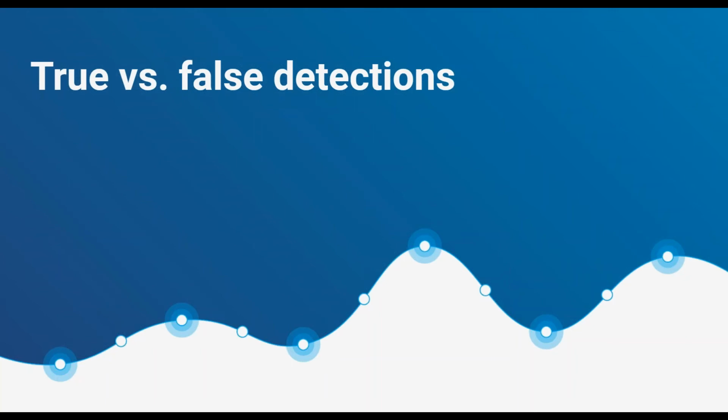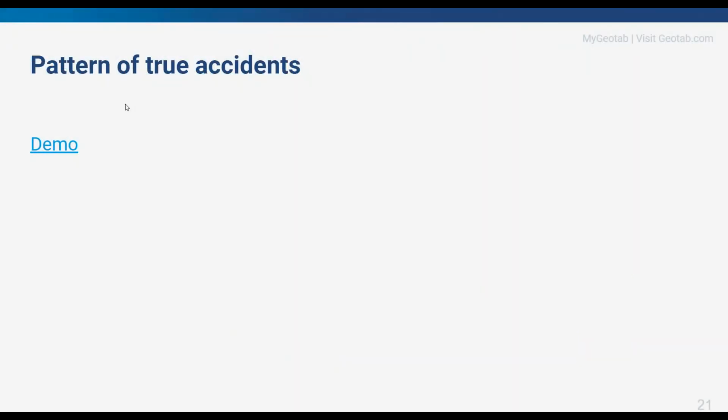As soon as you kick the device, you could trigger an accident too, right? And I want to now show you how you can filter out false detections and what are typical hints you should look at, to see if it's false or not. So let's look back to this one incident I just showed you, because this is a true accident.